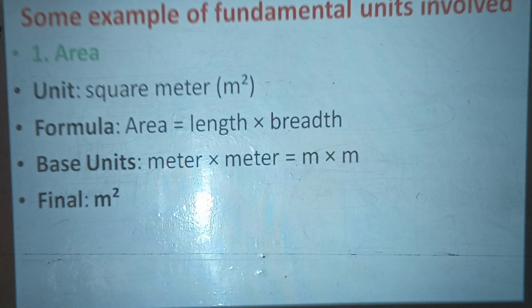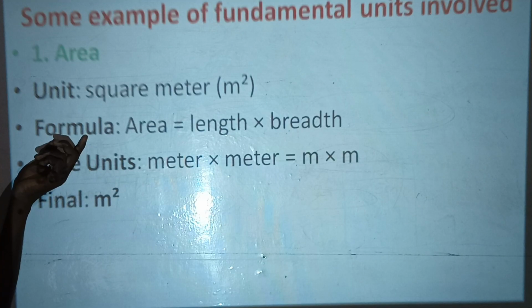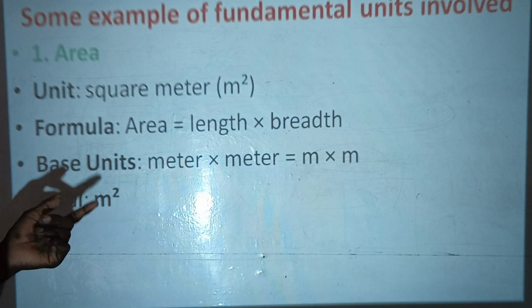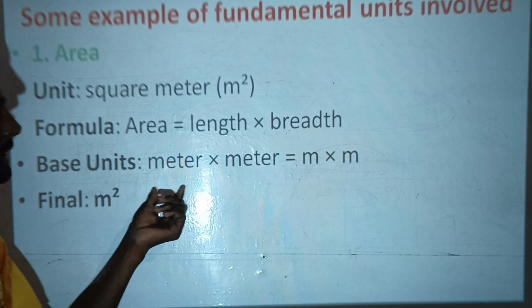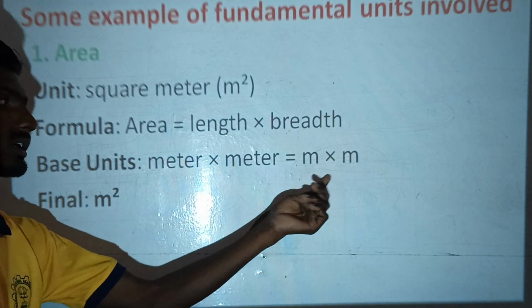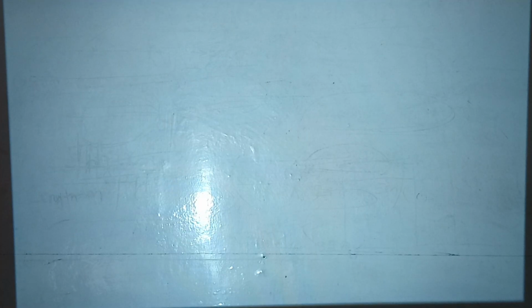If we take the example of area, the area is a derived unit. It is measured in square meters. The formula to calculate the area of a rectangle is length into breadth. So the basic units are meter into meter, which gives us meter into meter, and finally meter square. I hope you understand the area formula.